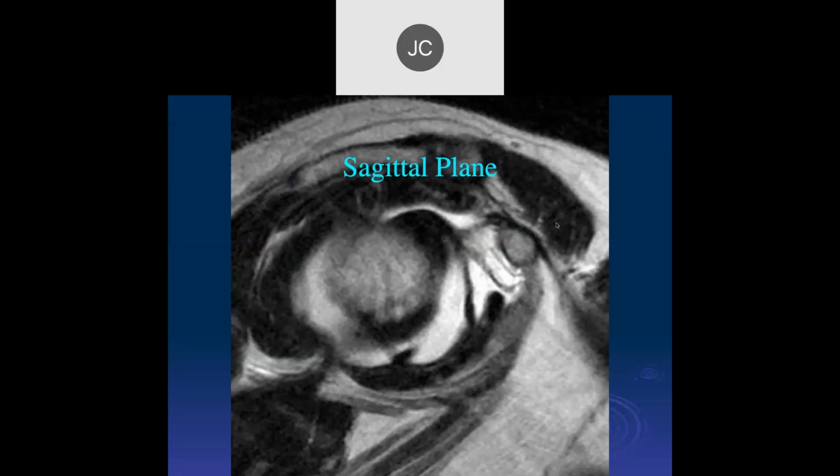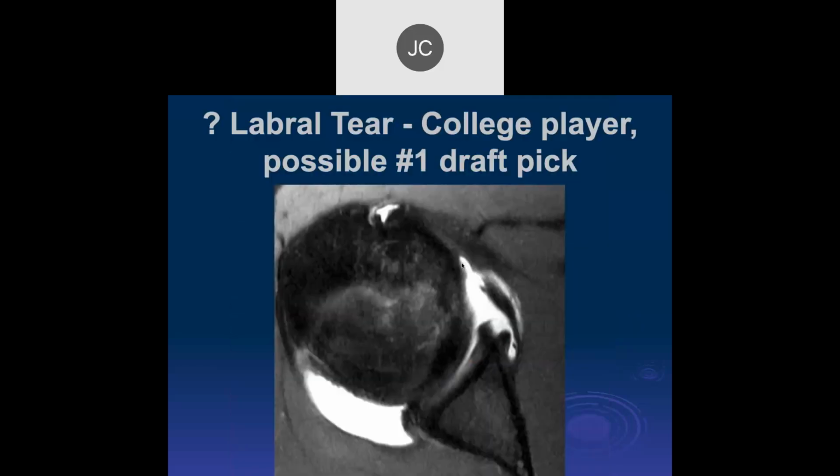Okay, we saw this image, I think, before. Just go through the anatomy again. Middle glenohumeral ligament in the sagittal plane comes down and fuses with the subscap. And you can get an axial image right through here, which can be confusing.